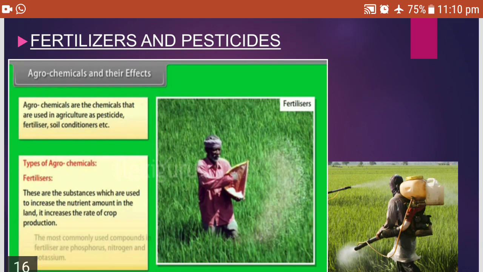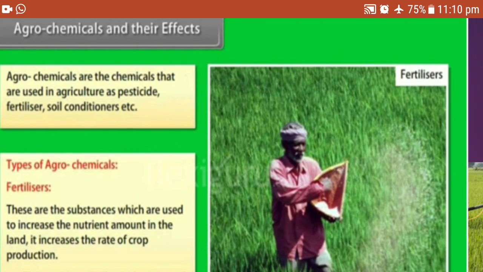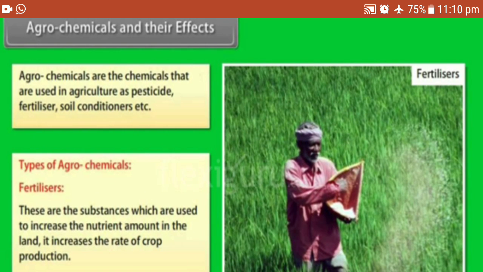The next human activity is the use of fertilizers and pesticides. You can see how farmers, just to protect their crops from pests and insects, use pesticides and insecticides. They are called agrochemicals. Agrochemicals are chemicals used in agriculture as pesticide, fertilizer, and soil conditioner to make the soil fertile.